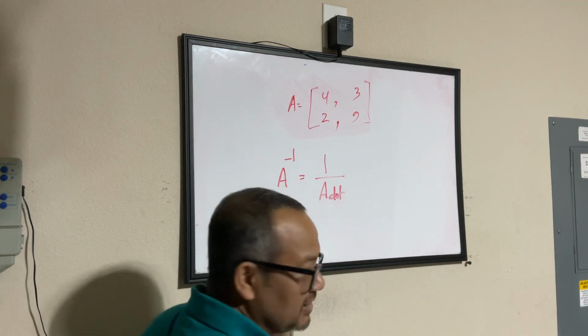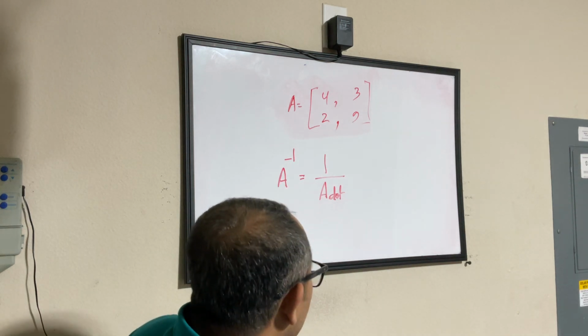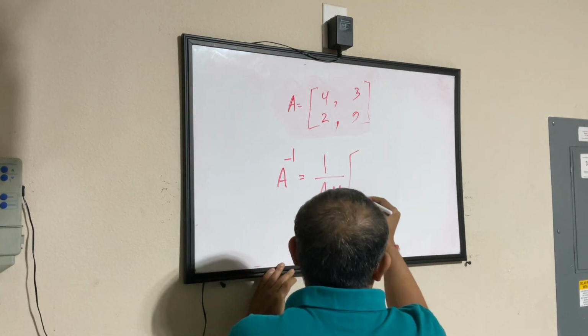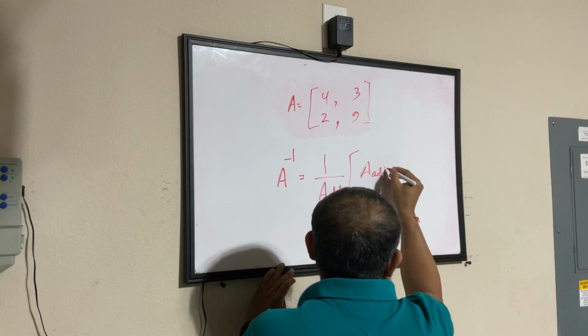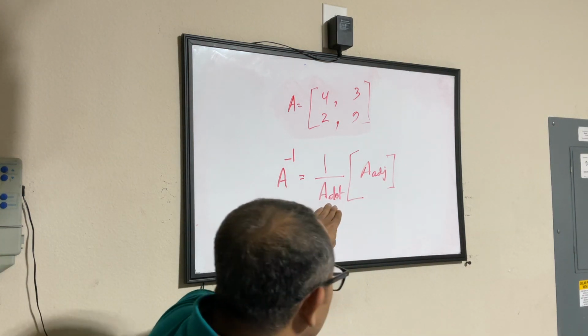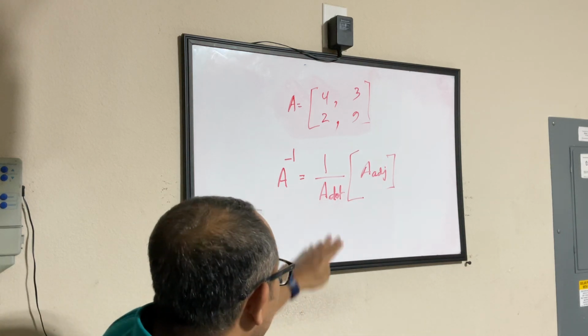Find the determinant, the inverse of the determinant. I mean, not inverse, 1 by the determinant, whatever you call it. And I have to multiply that with the adjoint of the matrix. So I need to find the determinant and the adjoint. How do I find the determinant?